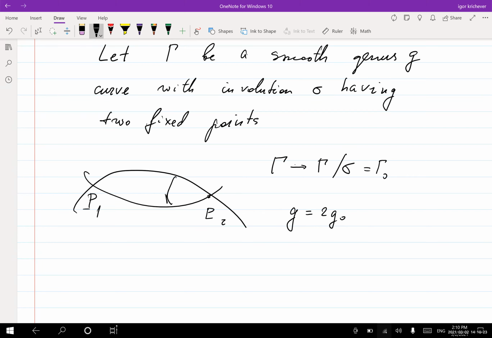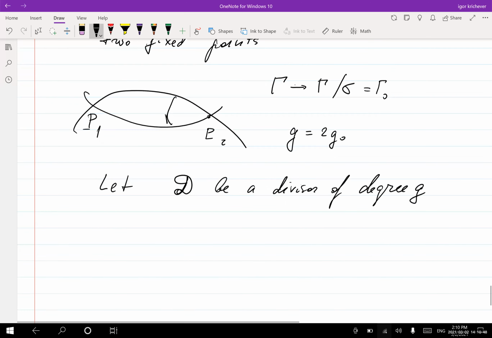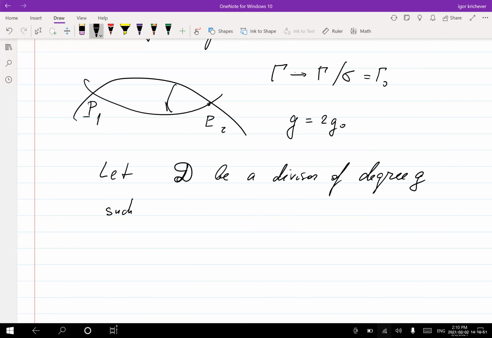So let D be an effective divisor of degree g such that the relation D plus D sigma equals the canonical class plus P1 plus P2 is satisfied.